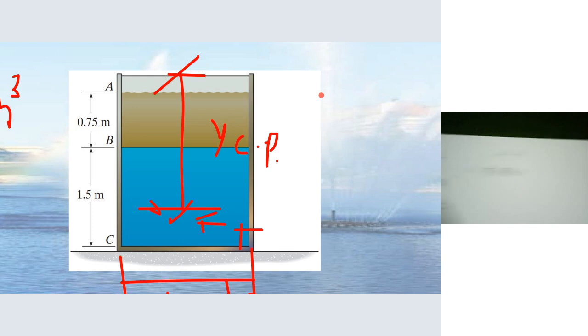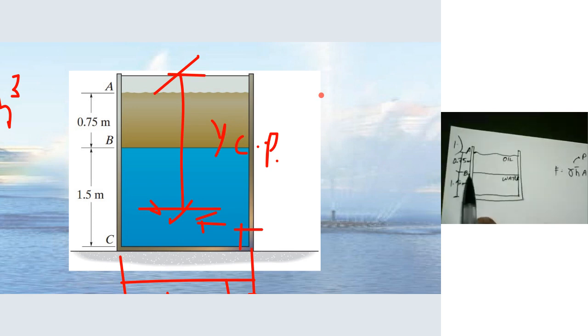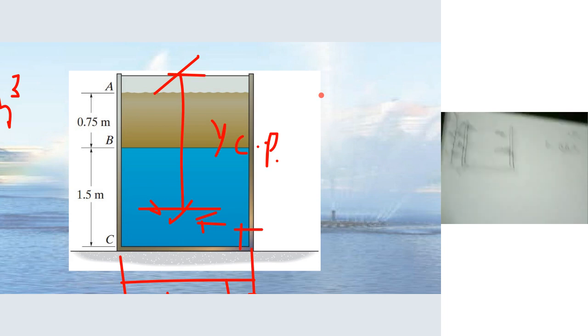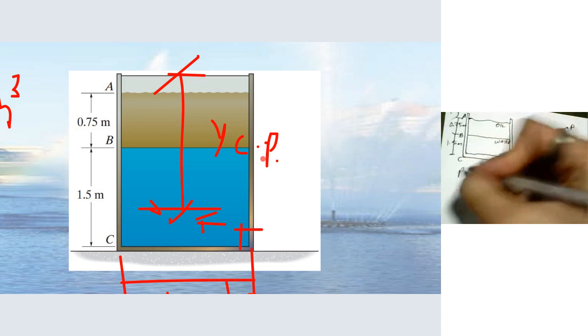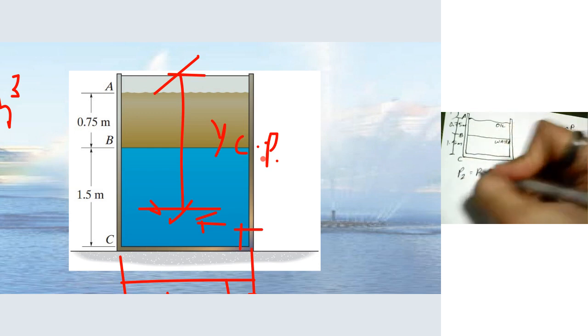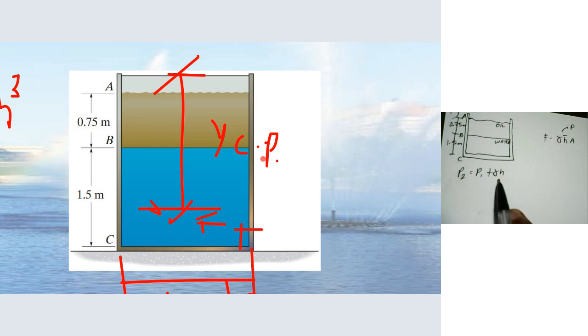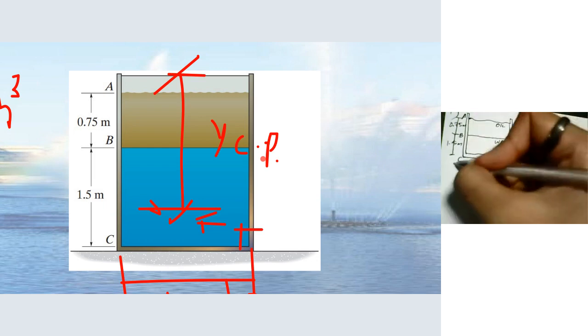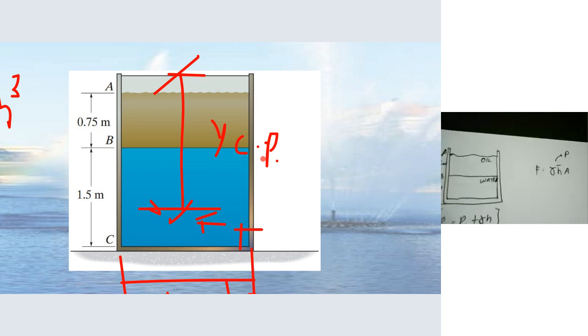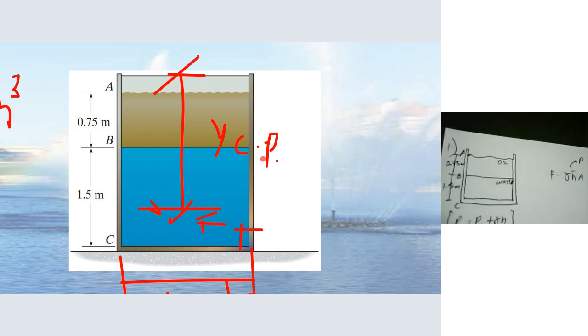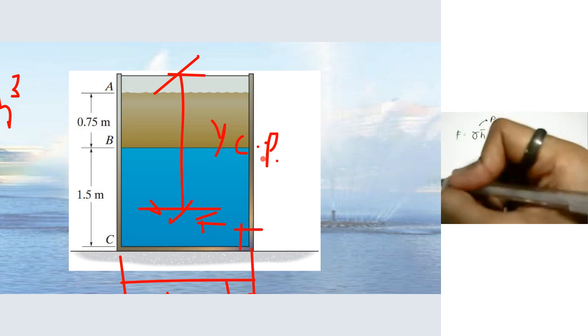So, we can determine first yung pressure at B and pressure at C. Now, how can we do that? Well, we can use P sub 2 equals P sub 1 plus gamma h. Okay, so let's begin with point B.